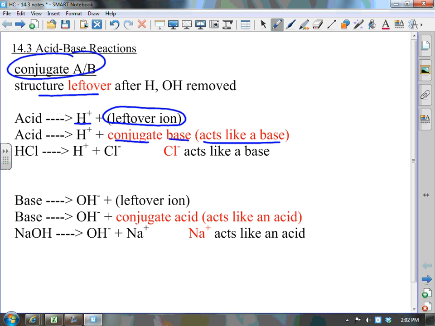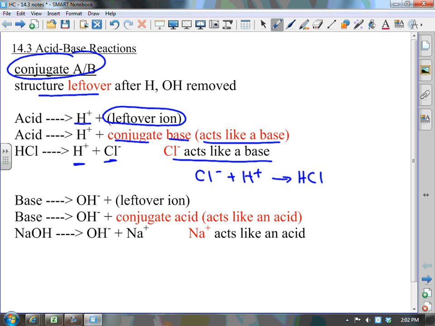Simple example, HCl. If we dissociate hydrochloric acid, we get the hydrogen ion separated from the chloride ion. That chloride ion acts like a base. Why? Because the chloride ion can accept a proton to become a new chemical, HCl.